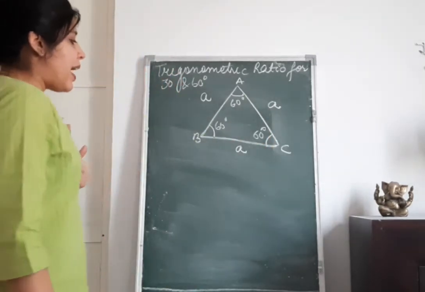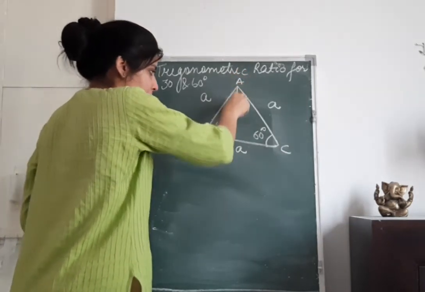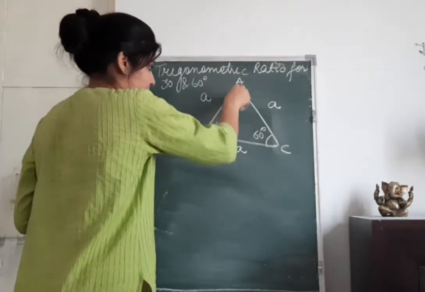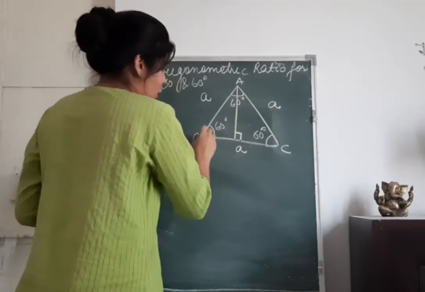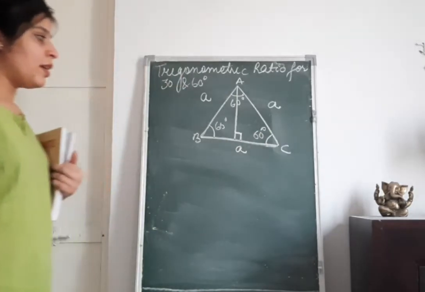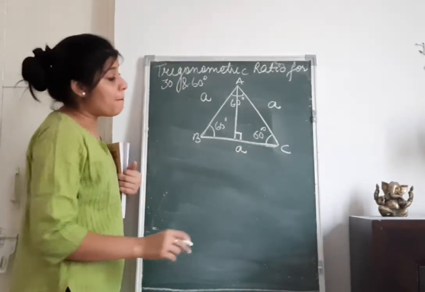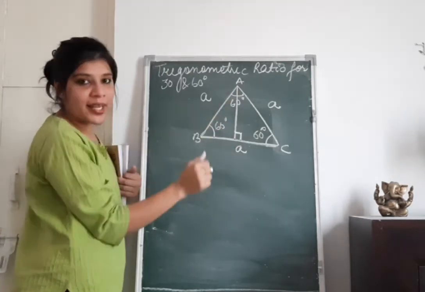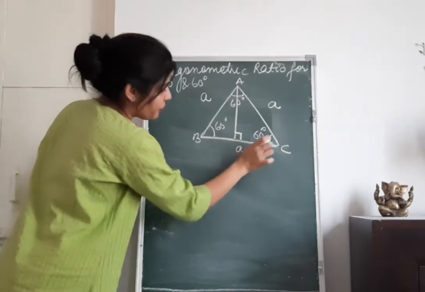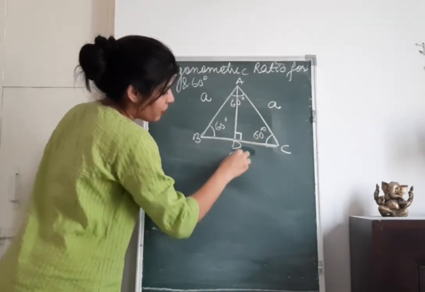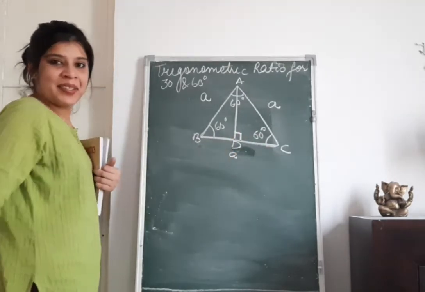Okay? Now, let us draw a perpendicular bisector from angle A on the side BC. Okay? Now, as this is a perpendicular bisector, but it is an equilateral triangle, so I can say that this perpendicular bisector, let it be AD, is going to divide BC into two equal parts, right?